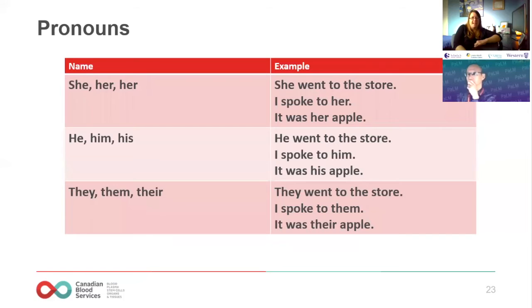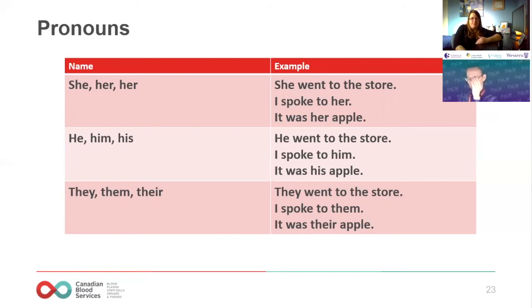So this is just a table of pronouns and how to use them in a sentence. Again, this isn't an exhaustive list of pronouns. It's important to remember that using pronouns is a cue to guide respectful conversation with trans individuals, but it's not necessarily an indicator of the gender that a person identifies as.